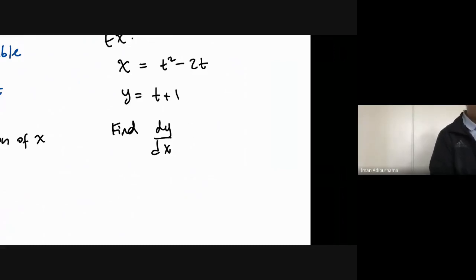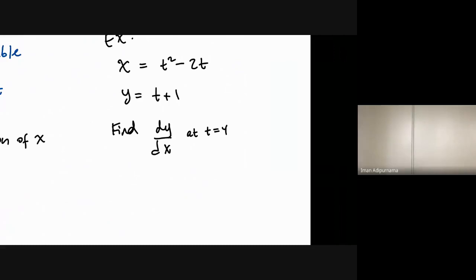Or maybe to get an exact number or answer, let's say at t equal 4. And remember, if you have this kind of question, find dy/dx at some t, do not plug in t equal 4 directly into x and y, because it will be useless.